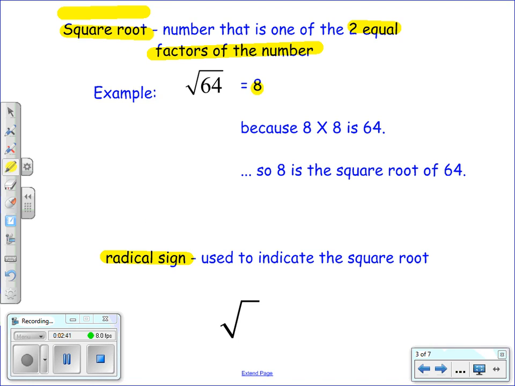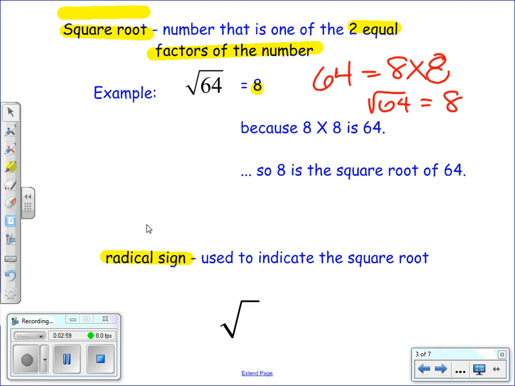It is one of the equal factors of 64. So 64, as you know, is 8 times 8. So the square root of 64 is 8. Let me say that again: 8 times 8 is 64, so 8 is the square root of 64.